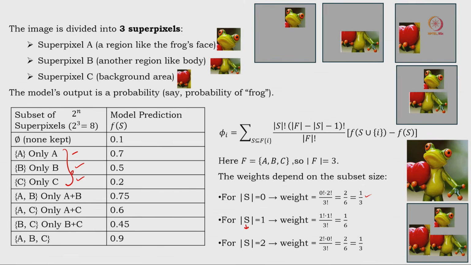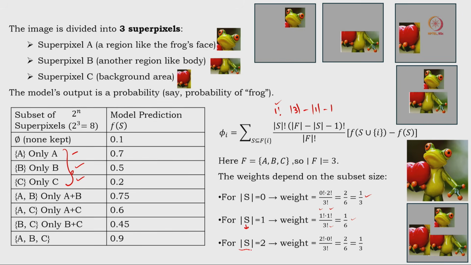How much weightage should be given to these? How important is this subset? Once again, go back and substitute the values. Since S is 1, this is 1 factorial, and this is 3 minus 1 minus 1, so 3 minus 2 which is 1 factorial, and the first term is 1. So we have 1 divided by 3 factorial. We got 1 by 6.